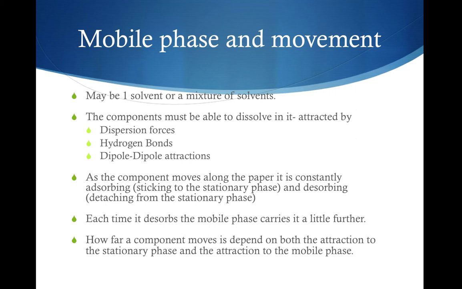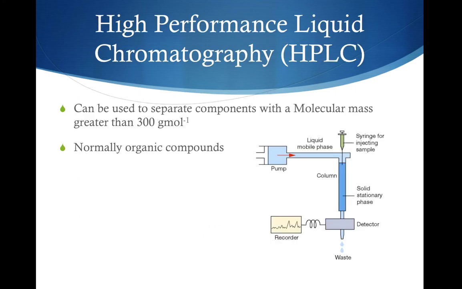As they're moving on, they're adsorbing to the stationary phase and then desorbing, getting away from it, and then adsorbing again and then desorbing. Each time they desorb, they're dissolving in the mobile phase and travelling a little bit further. And each time they adsorb, they're sticking and staying there for a bit. Now, that's not what we really use for organic molecules, but it's the same basic principle.